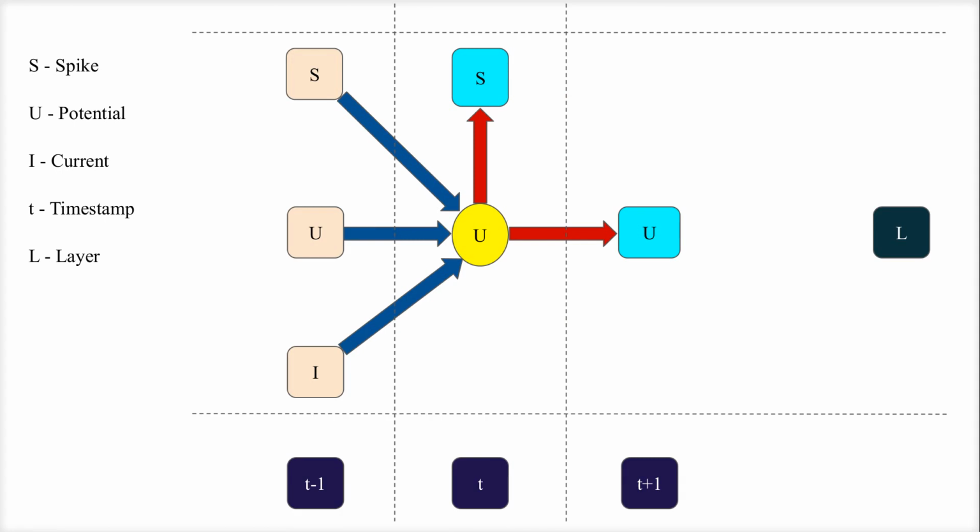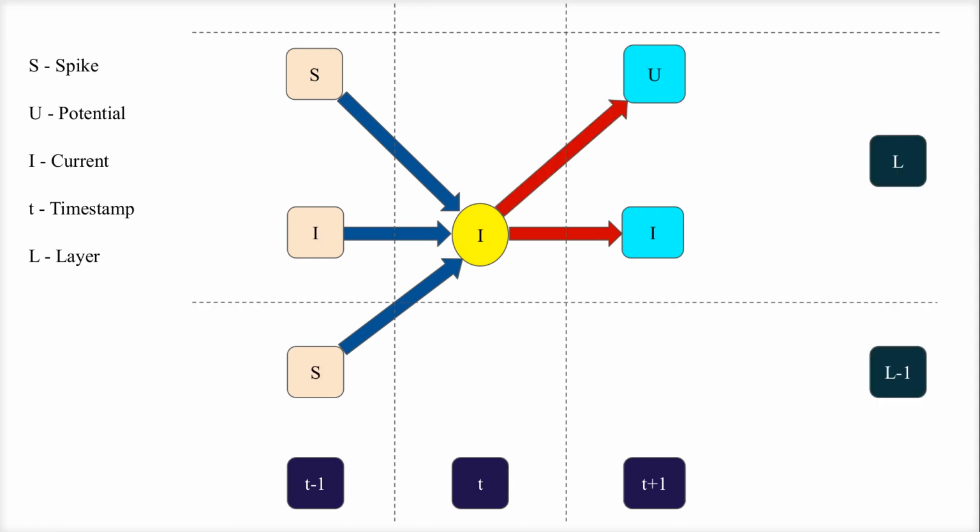Whenever there is a spike from the previous time steps, or the potential change or the current, that will impact the potential of the current neuron at the current time step, and this potential will finally be updated for the next time step, t plus 1. For the current also, the inputs are the current from the same neuron in the previous time step and the spike from the previous time step.